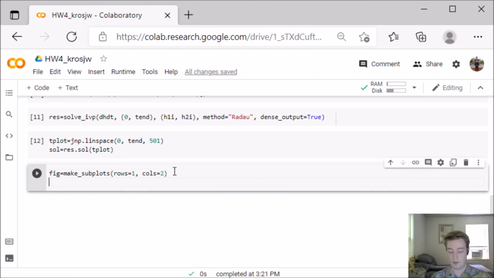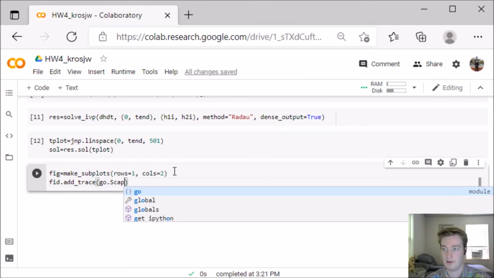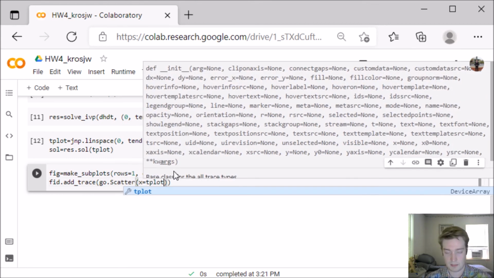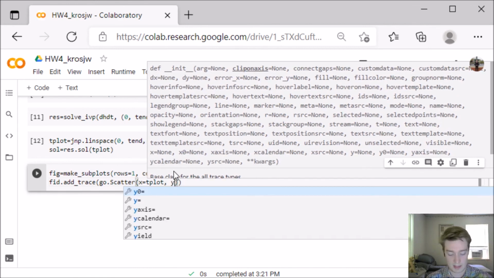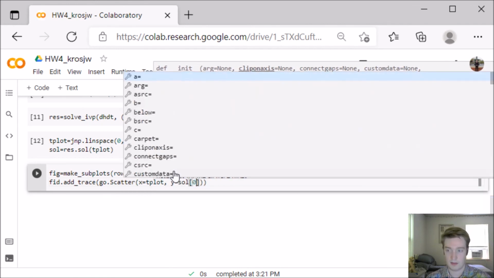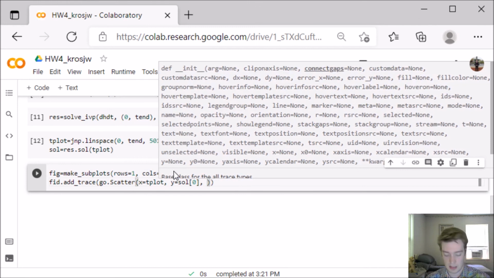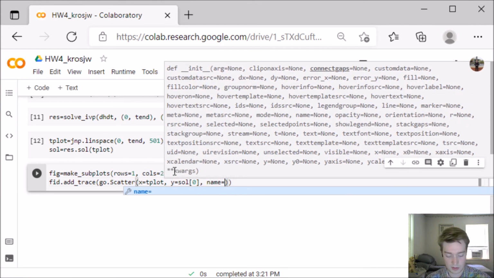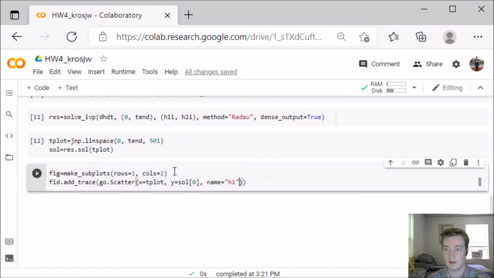So we want to add to this. So fig dot add trace. We want a graph objects dot scatter, where our x is going to equal our tplot. Our y is going to equal our solution, the first element. We can name it, we'll call it h1. And this is going to go in the first row and the first column. So row equals 1, column equals 1.